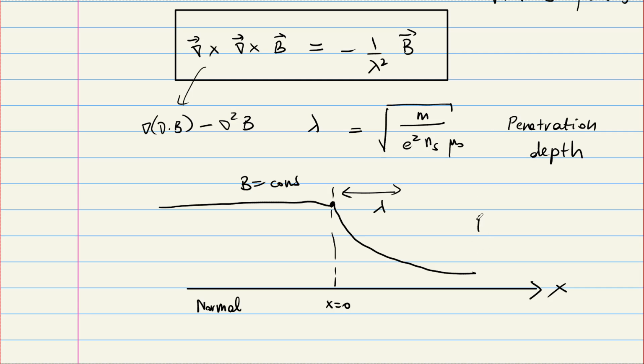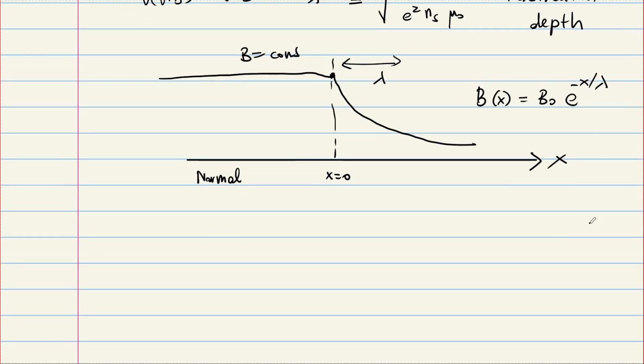So B of x is equal to some B0 times e to the minus x over lambda. Good. So that's how we explain the Meissner effect.